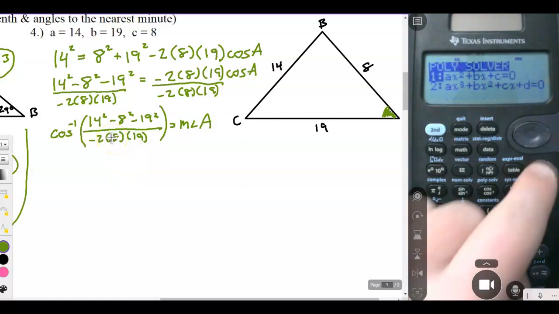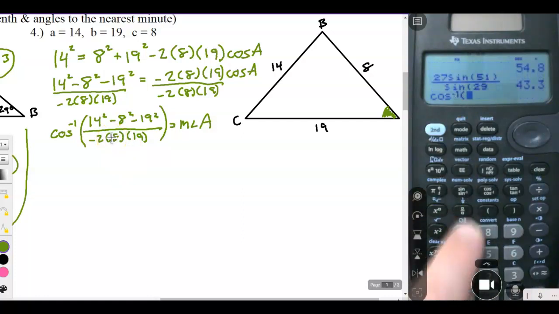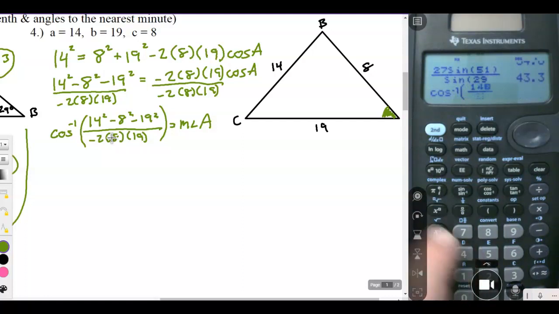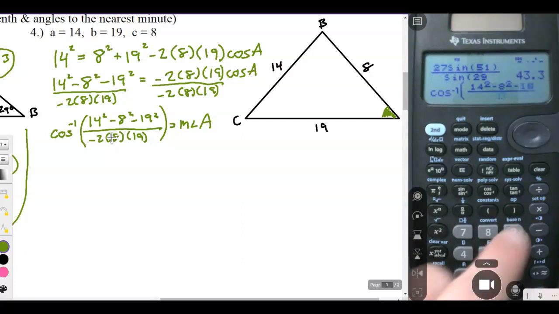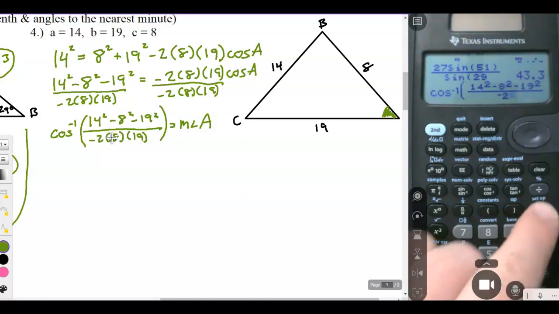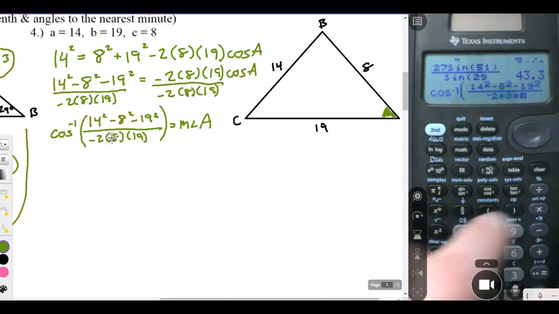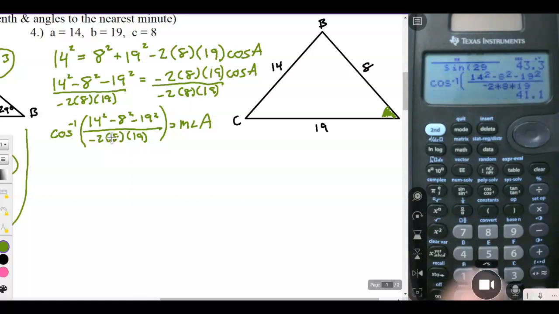Arc cosine, fraction 14 squared minus 8 squared minus 19 squared over negative 2 times 8 times 19. I get approximately 41.1 degrees.